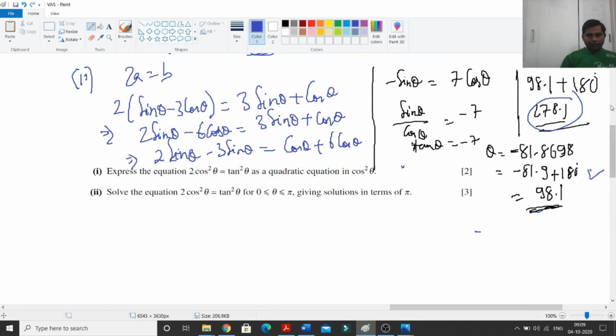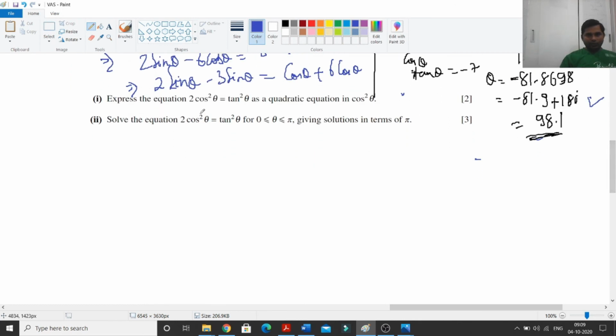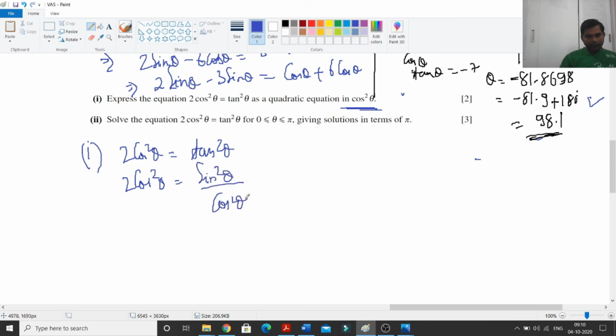Next question. Express 2 cos square theta equals tan square theta as a quadratic in terms of cos square theta. We want a quadratic in terms of cos square, so we will not touch this side. We write tan square theta as sin square theta over cos square theta, and we know that sin square theta plus cos square theta is 1.